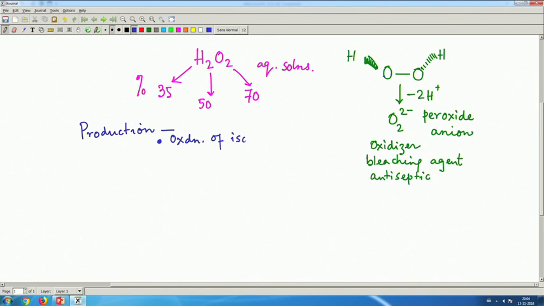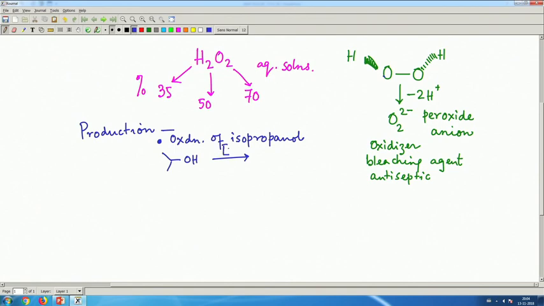Oxidation of isopropanol, where we can utilize the corresponding oxidation. So, how can we oxidize this?